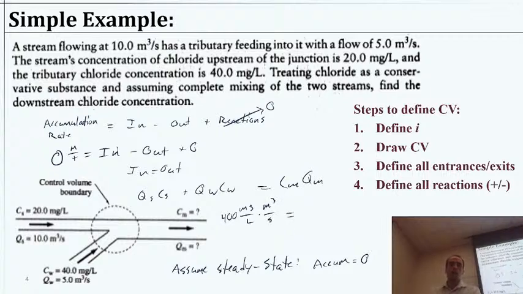On the right-hand side, we're not given QM or CM, and what we're trying to solve for is CM. We're not given any information about random other sources of water entering the system, so the flow rate should be the sum of the two, right? So the Q mixture should be 10 plus 5 cubic meters per second.